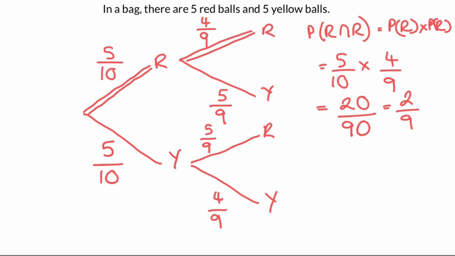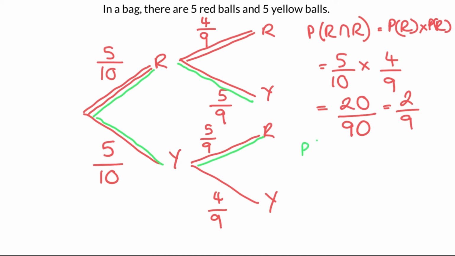Next, we're going to calculate the probability that if we pick 2 balls at random, they're balls of different colours. So we need to have a look along the branches of when this happens. So we've got the first ball is red and the second ball is yellow, and we've also got the first ball is yellow and the second ball is red. So this is 2 branches that we need to calculate.